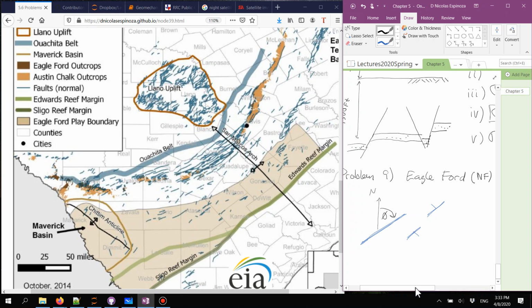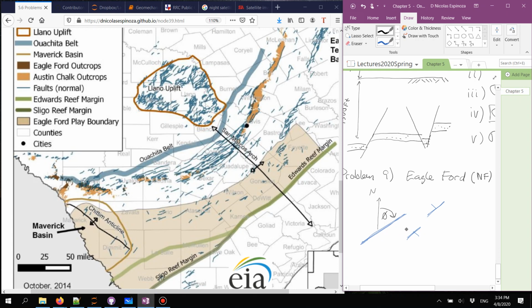And after you figure out that orientation, I'd like you to double check it with another piece of data in order to verify that your answer is correct. And that's going to be the orientation of horizontal wellbores in the Eagle Ford basin. So again, if this is the strike of your fault, you should be able to tell me what is the direction of the horizontal stresses.